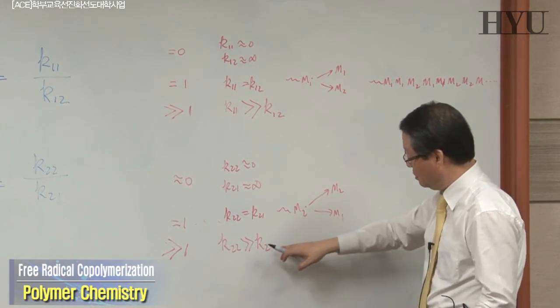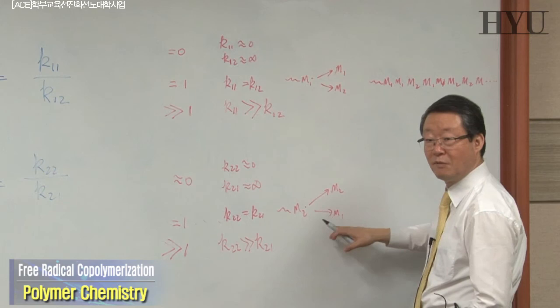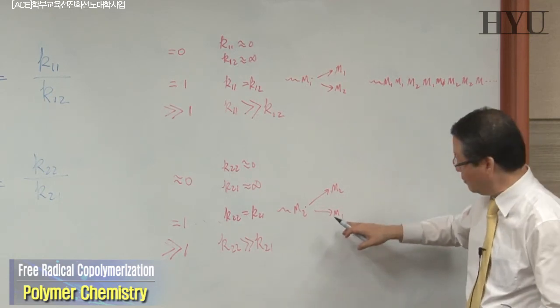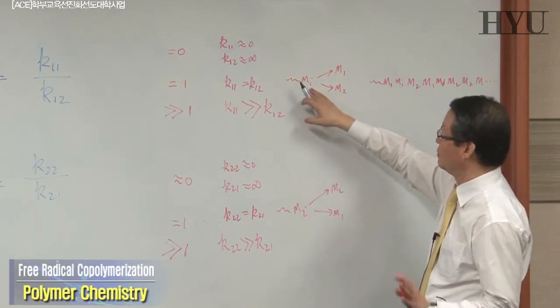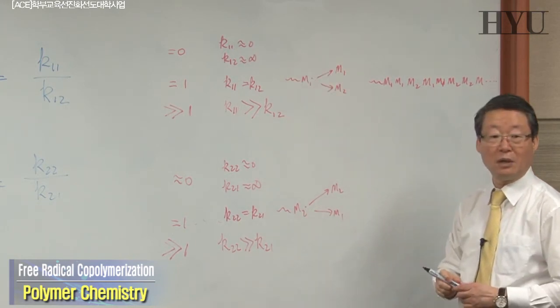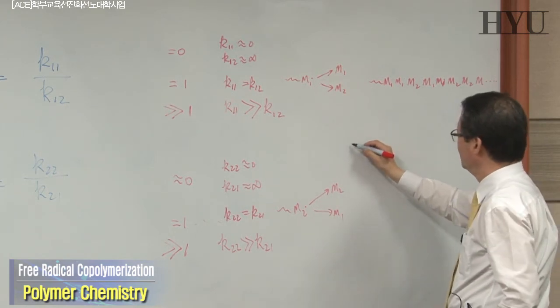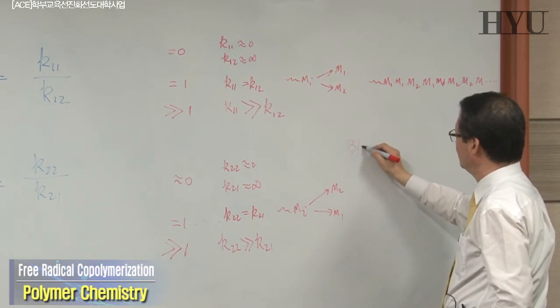Of course, in some cases you can meet with M1 from M2 dot, but whenever you meet with M1 dot, it meets with M1 and M1 dot is formed again. So the final copolymer will be block copolymers.